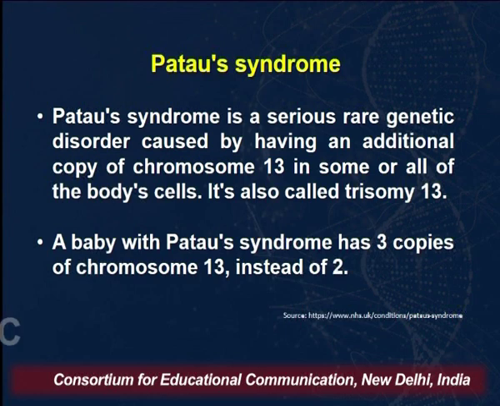Due to the non-disjunction of the chromosomes, instead of 2 copies of chromosome 13, the baby has 3 copies within the cells. This condition severely disrupts the normal developmental process in the baby, and it affects about 1 in every 5,000 births, and 9 out of 10 children born with Patau syndrome die during the first year after birth.